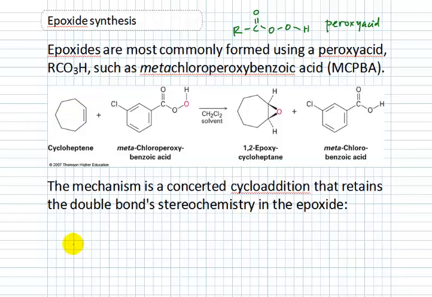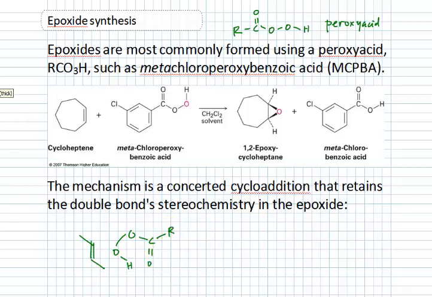So let's just make a trans double bond, something like that. Okay? So if I've got that, and I've got a peroxy acid, I'm going to draw it very carefully here with just the O next to the H close to the double bond. C double bond O, and then there's R like that.